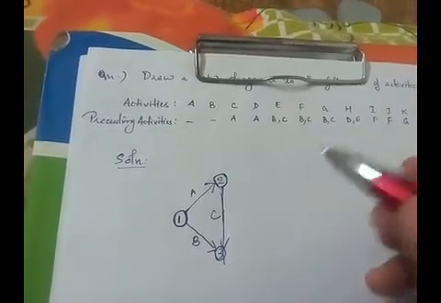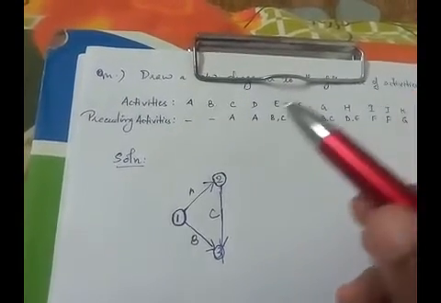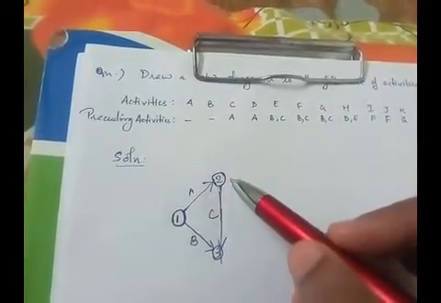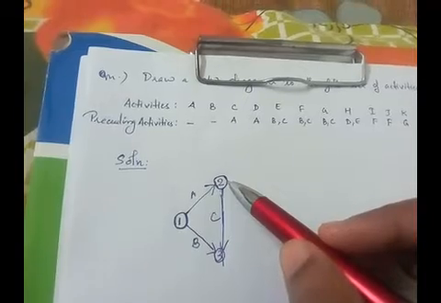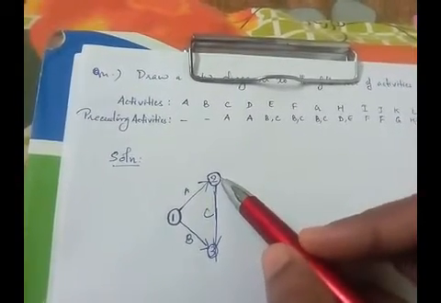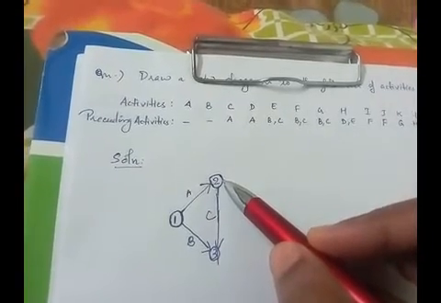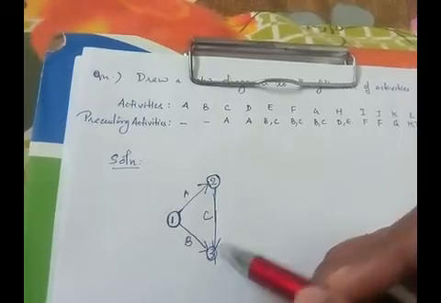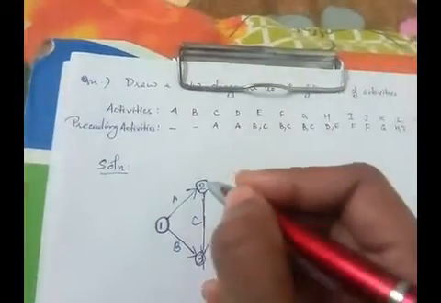So we have to give an ending event for D, since we know that the starting event for D is 2, since it follows A. So D starts from the event 2, but it should end at some other event. So we have to give a number for that event. Since we have already numbered till 3, the next number should be 4.